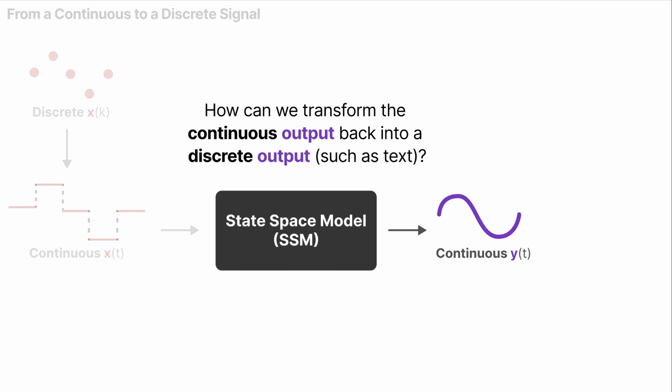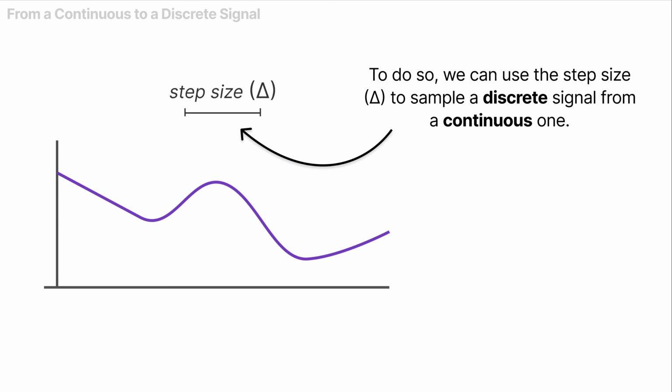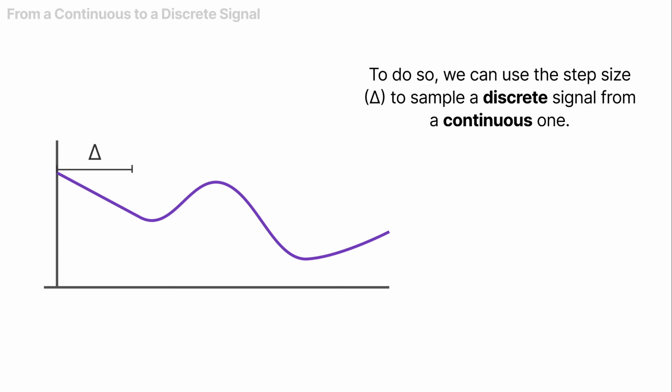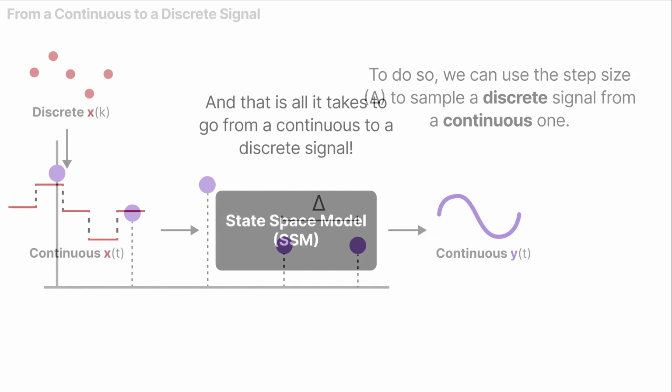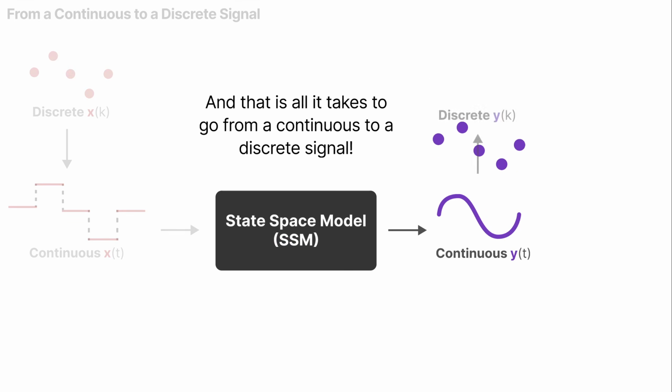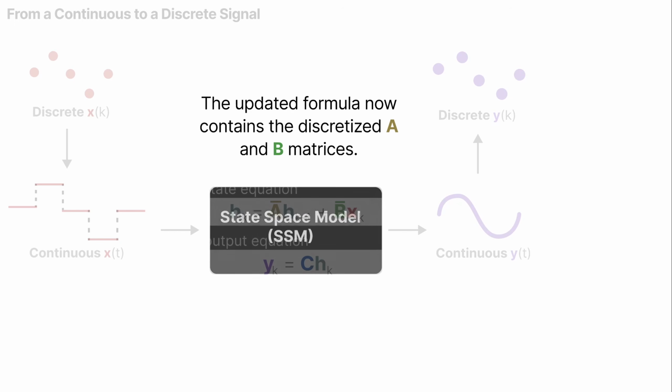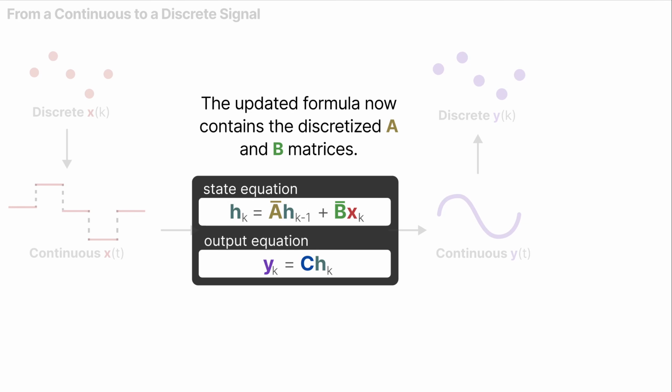How can we transform the continuous output back into a discrete output, such as text? To do so, we can use the step size to sample a discrete signal from a continuous one. And that is all it takes to go from a continuous to a discrete signal. The updated formula now contains the discretized A and B matrices.